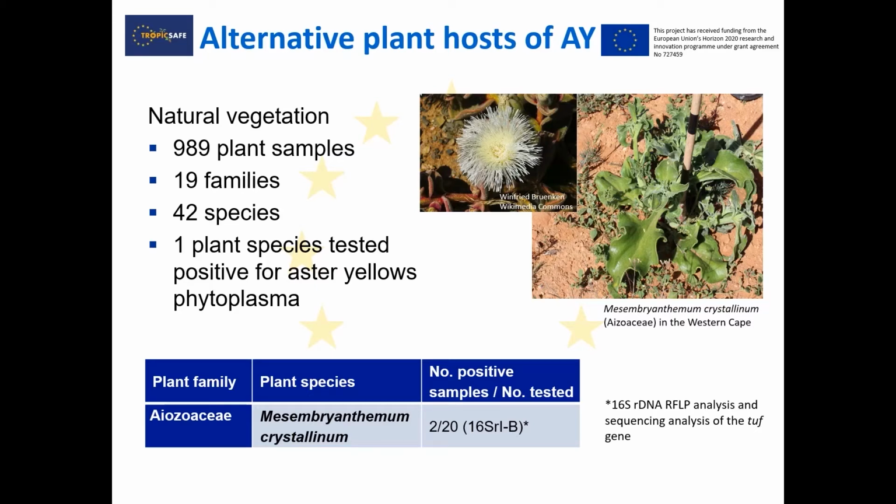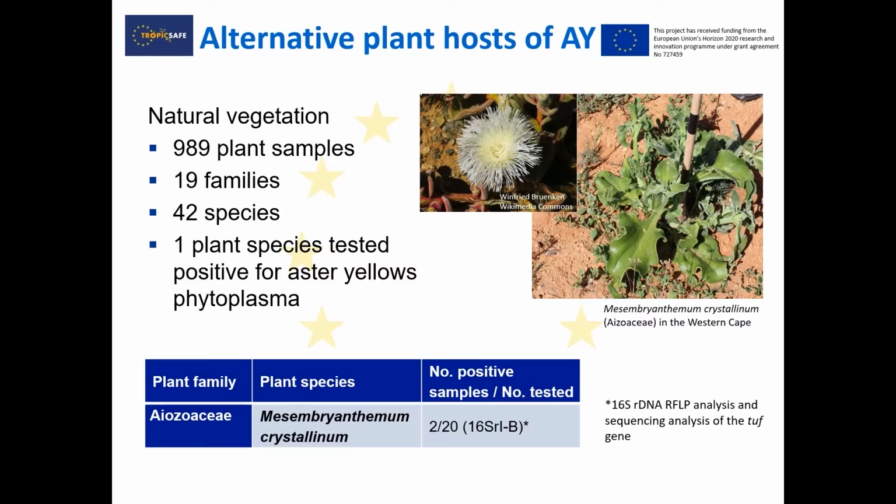The 2 Aster Yellows positive samples were from Mesembryanthemum crystallinum. This plant species is native to South Africa. It is widely distributed and also occurs in other parts of Africa, Australasia, Asia, the Americas and Europe.